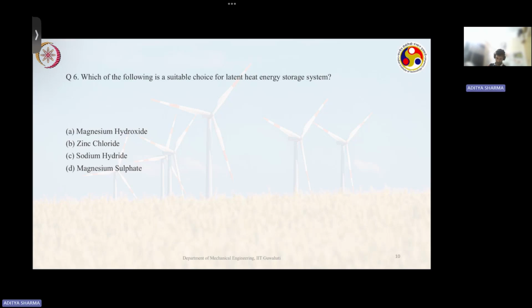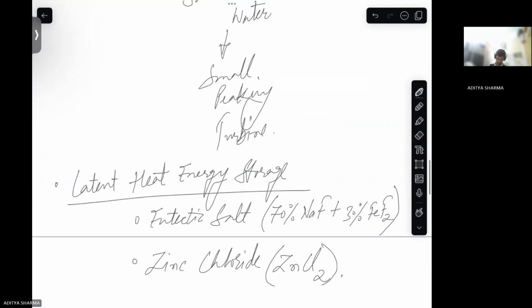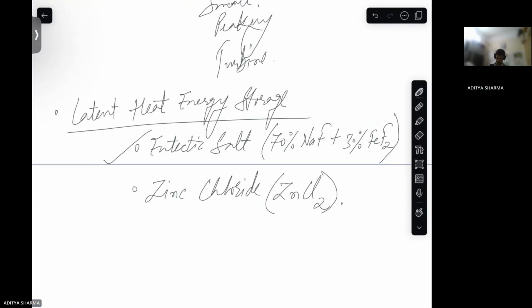So we have discussed this here. One is eutectic salt and one is your zinc chloride.